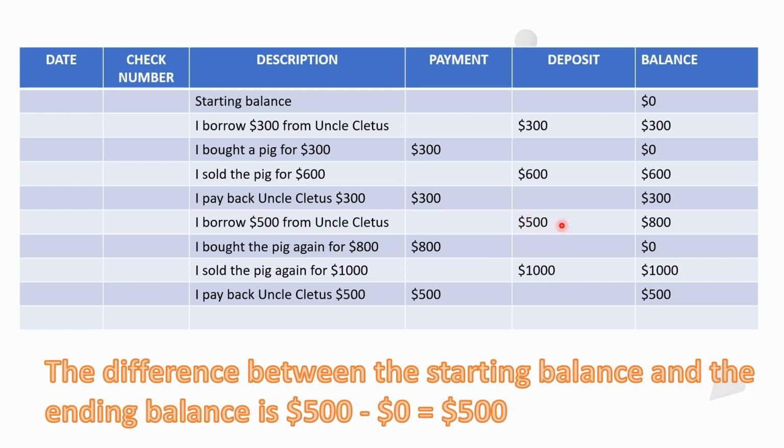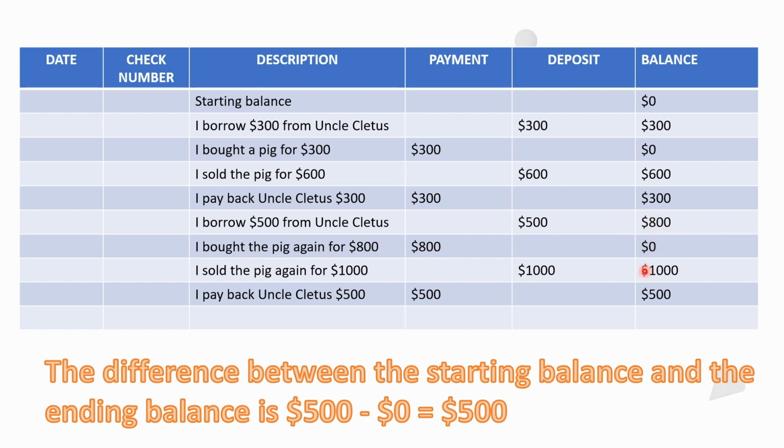He gives me 500 that gets deposited. You add that to the 300 that I've already got. Now I have $800 in my account, just enough to buy the pig again. So I go and buy the pig again for $800. My debit is 800. I subtract that 800 from my $800 balance, and I'm back to $0.